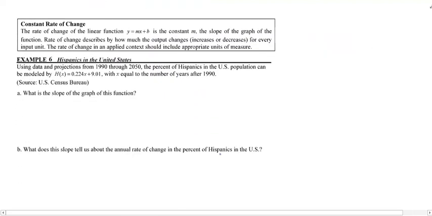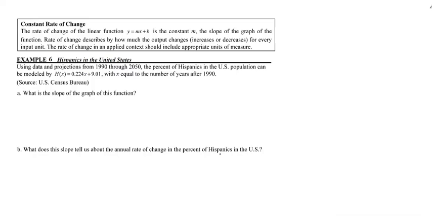Constant rate of change. The rate of change of the linear function y equals mx plus b is the constant m, the slope of the graph of the function. Rate of change describes by how much the output changes, which is an increase or decrease for every input unit.